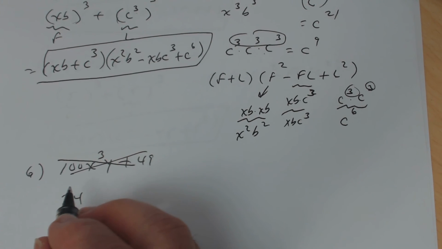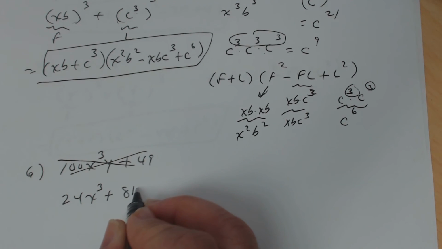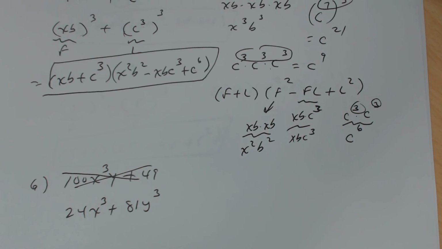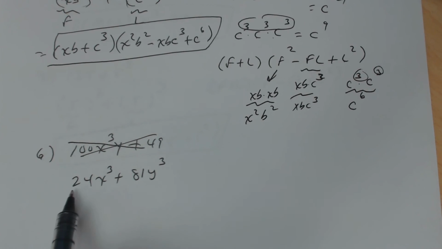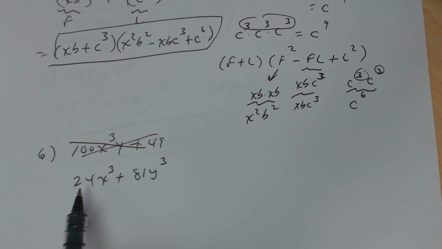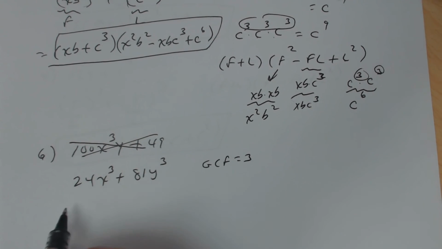24x cubed plus 81y cubed. All right, so the GCF here is 3. So let's factor out a 3.